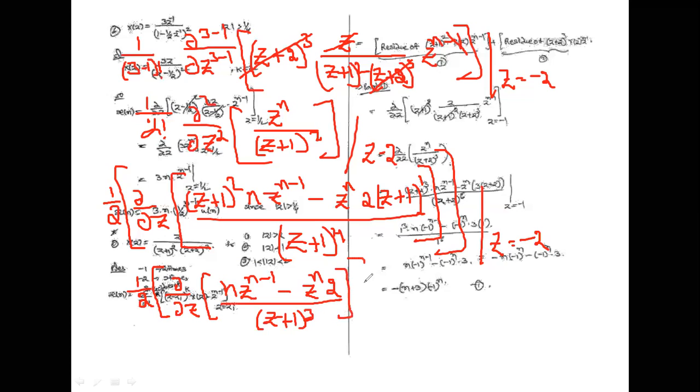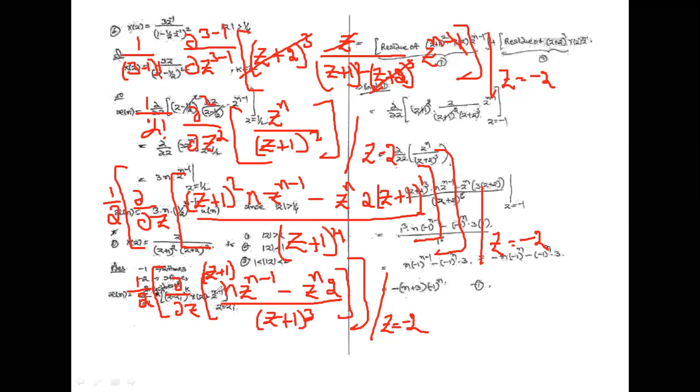Got it, my dear students? At z is equal to minus 2. So I take here the z plus 1, because it is square. Z plus 1 into n into z power n minus 1. Got it?